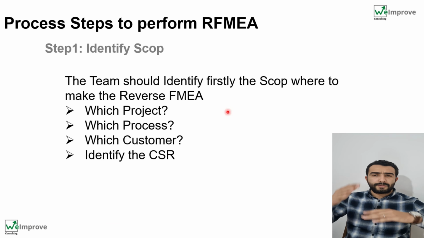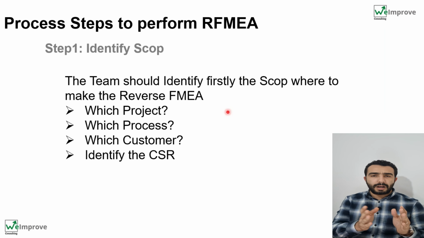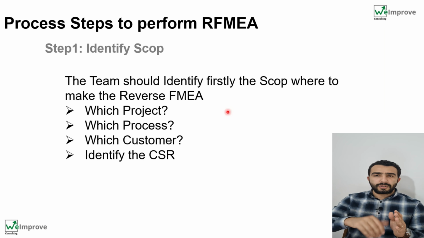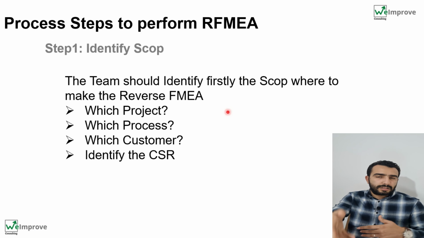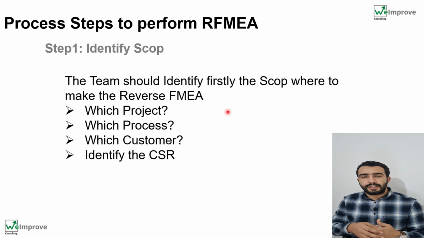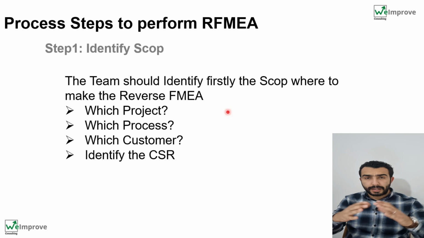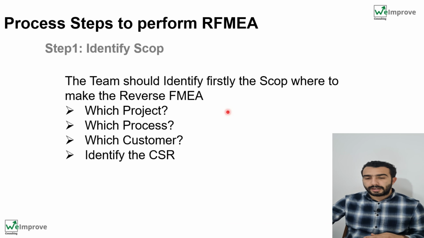So obviously you have to make such a planning of your reverse FMEA. So I will do it for this project, for this customer, for this process, for this plant. And these are the team that will help and assist me during this reverse FMEA activity and so on. So you have to define the scope of your reverse FMEA activity.